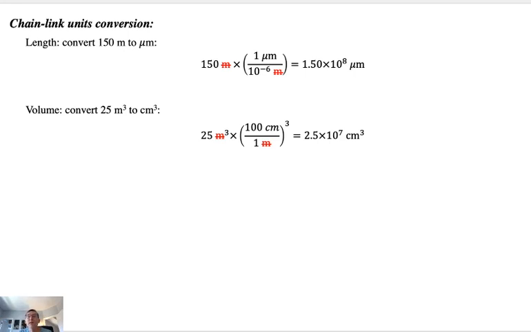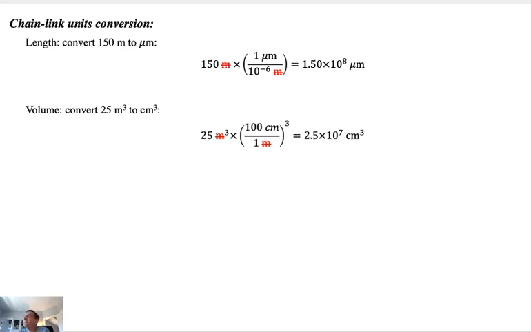But I note that when I write the units here, 100 centimeters is 1 meter, that isn't going to cancel the unit over here because I have a meters cubed. So I have to multiply the chain link conversion, or raise it, I should say, to the power of 3. Since this chain link conversion factor is equivalent to 1, raising it to the power of 3 is still 1 cubed, which is 1, which means I still technically haven't changed the value of anything.